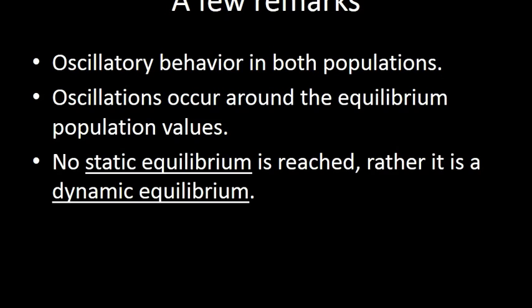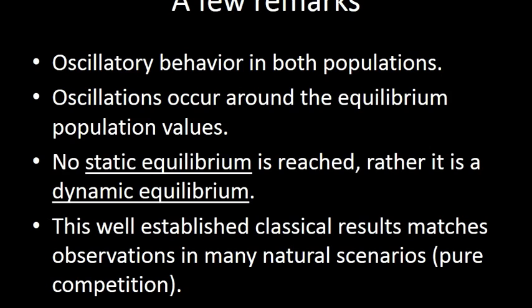It's interesting because this well-established classical result matches observations in many natural scenarios, particularly when you have pure competition. If you look at the large ecological reserves in Southern Africa in particular, you see that the populations of several species tend to go through these oscillations. They grow and they die, and then they grow again and die again over multiple years.